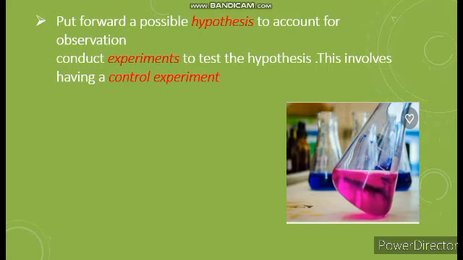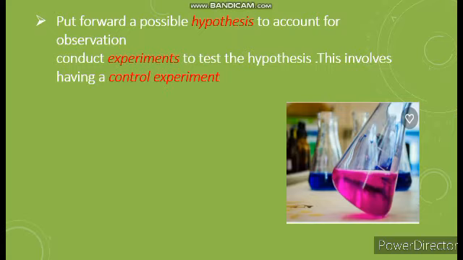You can say it's a tentative answer, but I always say it's more like a guess, but it must be reasonable, because it must be such that it can be tested by experimentation.